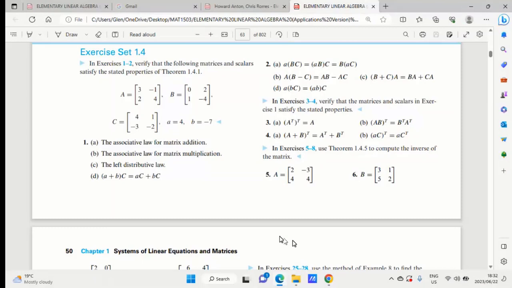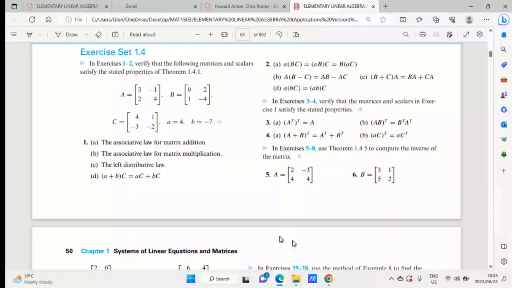Tando. Hello, sir. Yes, 2C. What did you get? A 2 by 2 matrix. First row is 18 and 8.